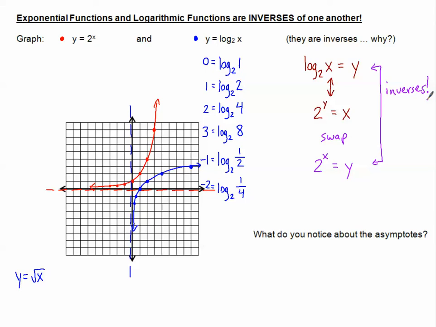One last thing, what do you notice about the asymptotes? Well, for the exponential, that's the red one, so I'm using my red marker.